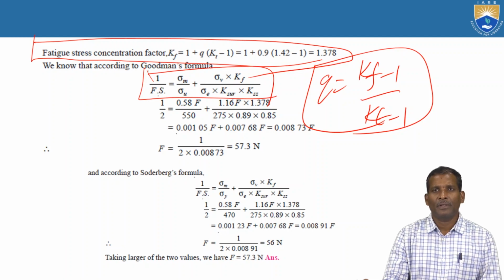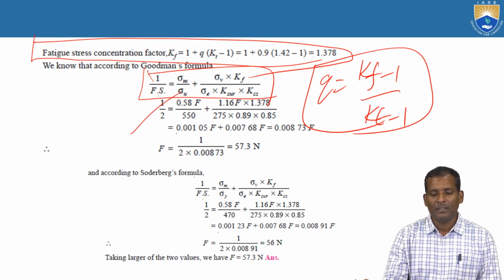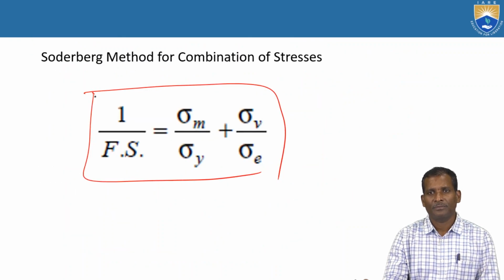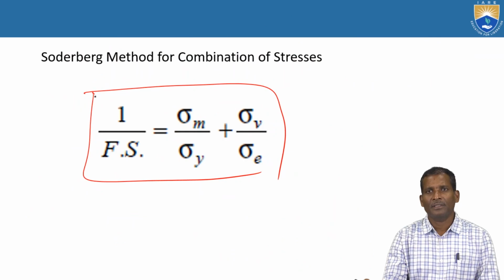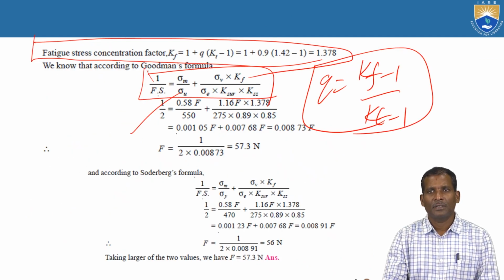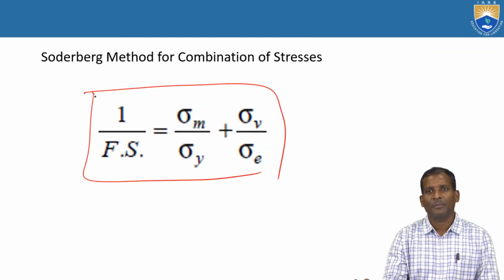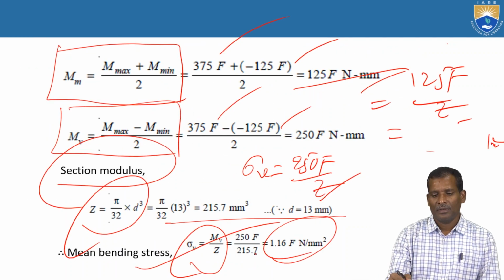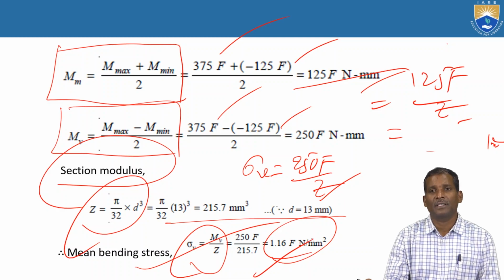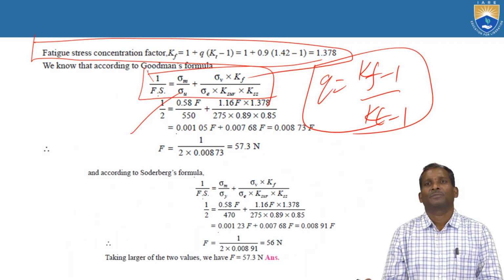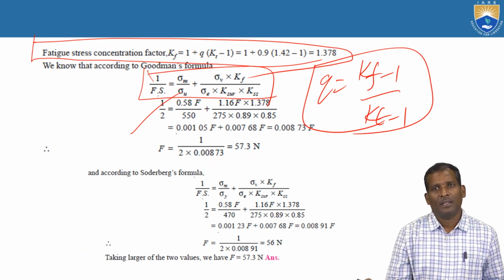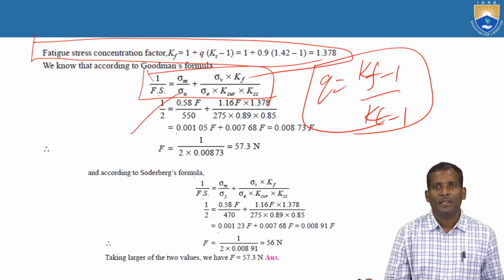Factor of safety is given as 2, the mean stress calculated in the previous condition is 0.78F, and similarly the variable bending stress calculated is 1.16F. Now substitute those values in this equation. Surface finish factor is 0.89 and size factor is 0.85.